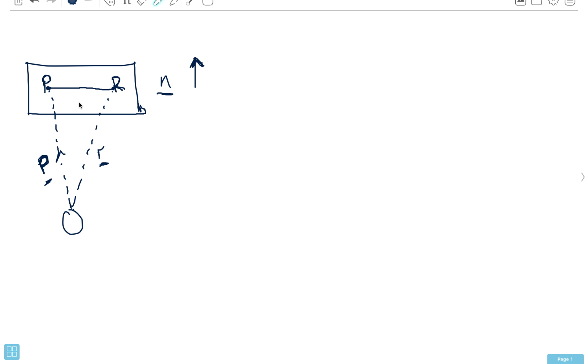Now, what is this vector in terms of R and P? Well, let's say I started off here, then I'd go minus P and I'd add R. So we can say it's R minus P, going in that direction.